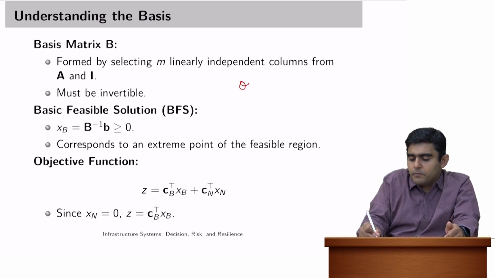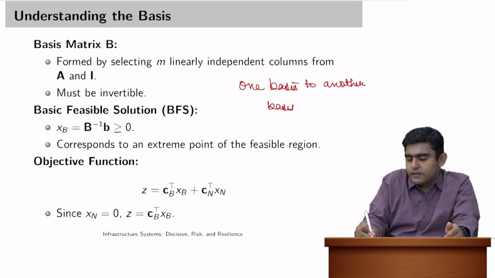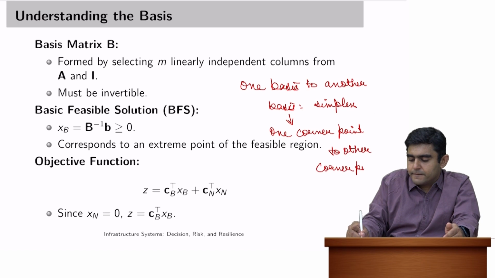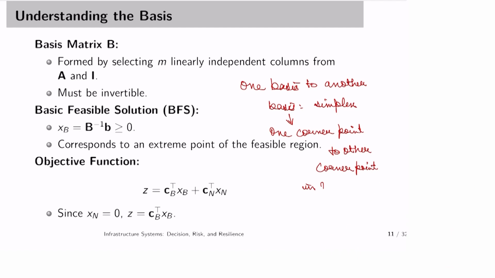We will move from one basis to another basis in the simplex method, and we will always ensure that when we move from one basis to another basis, we are moving from one corner point to another corner point in the most efficient manner.